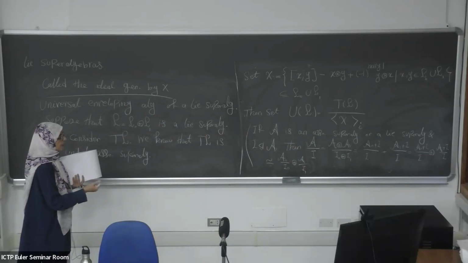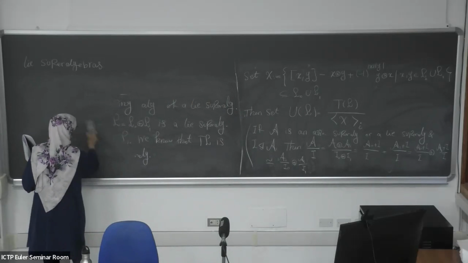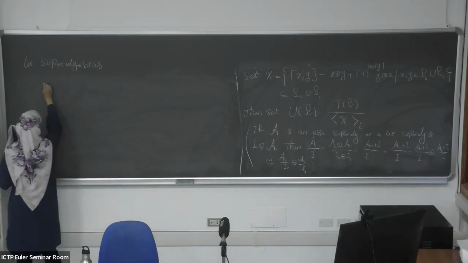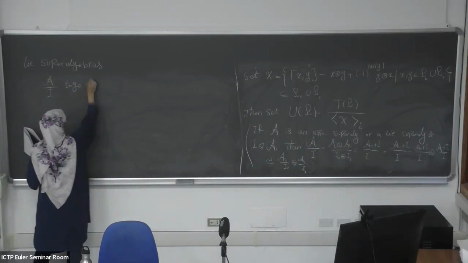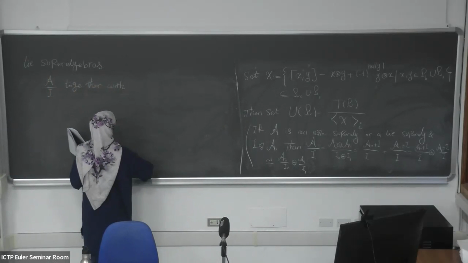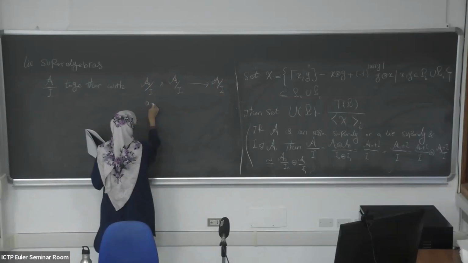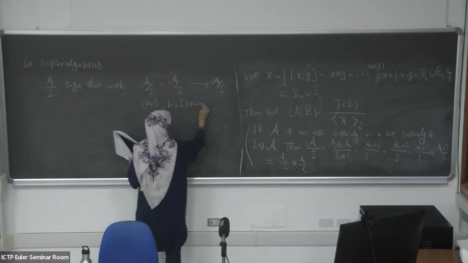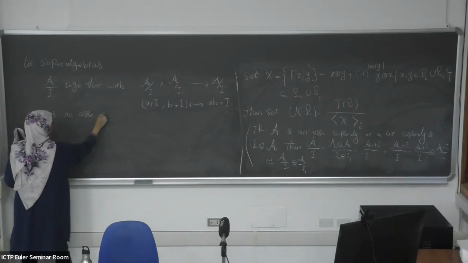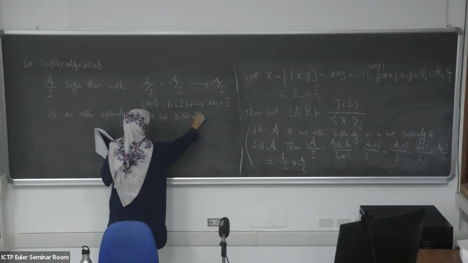And then we can define the product on A over I in the usual sense, sending A, B to AB plus I. It is an associative superalgebra or a Lie superalgebra, respectively.